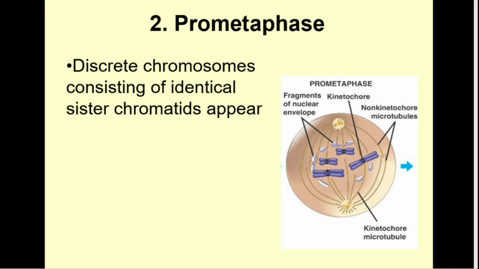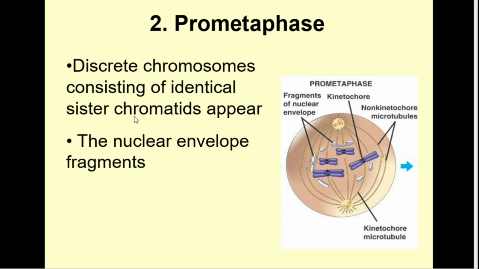So n equals 2, 2n equals 4. And each chromosome consists of 2 sister chromatids. And we say that we've got 2 homologous pairs. So this would be a homologous pair. This would be our second homologous pair. And we recognize these as fully formed chromosomes now. The process of condensing has happened.